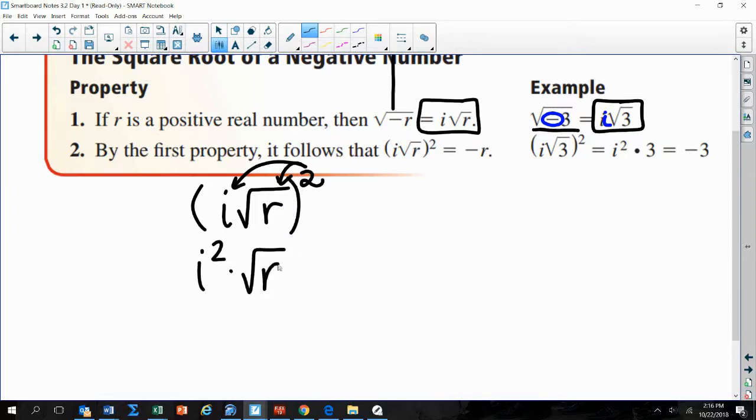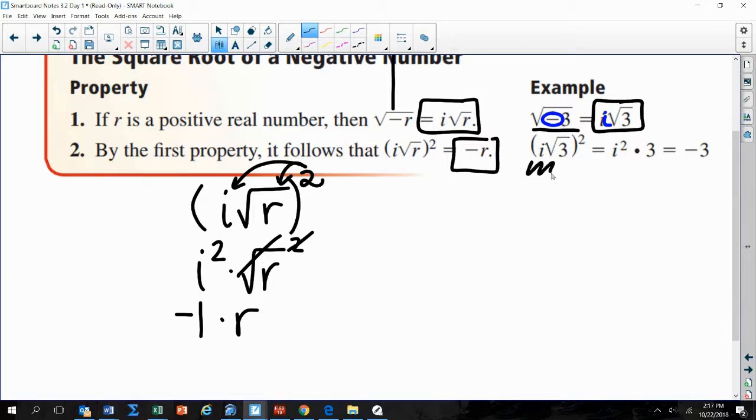What is i squared? Negative 1. Okay. And then what is the square root of r squared? Well, the square root and squared are inverse operations. One of them undoes the other, and it leaves me with r. So see how negative 1 times r would give you negative r? Okay, so there you go. That proves it.